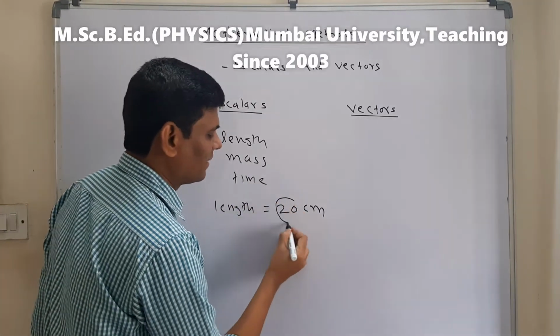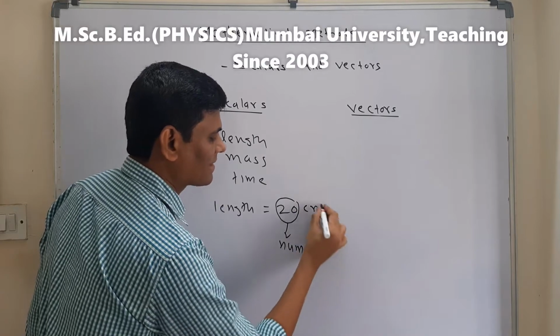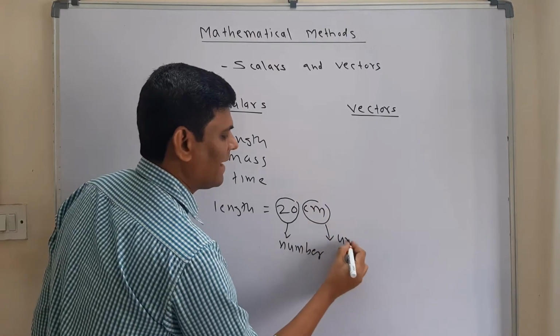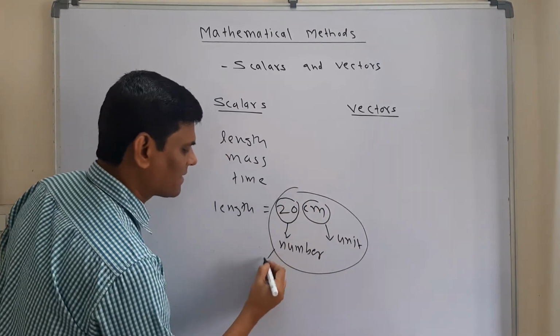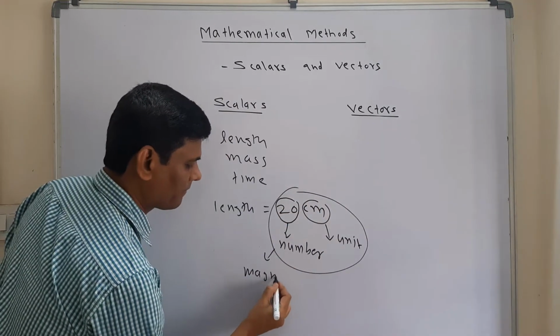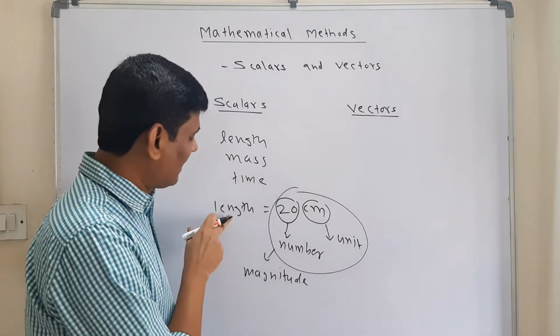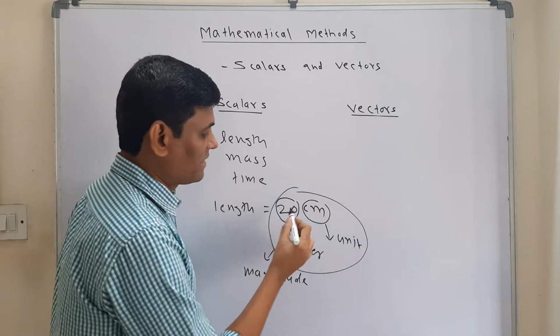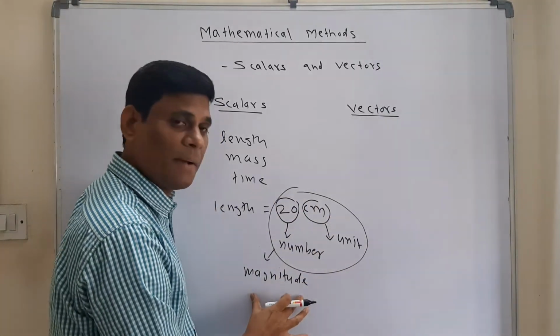In this case, this 20 we call the number and centimeter we call the unit, and together this we call the magnitude. It means length is a physical quantity which is described completely by giving the number and the unit, that means by giving magnitude.